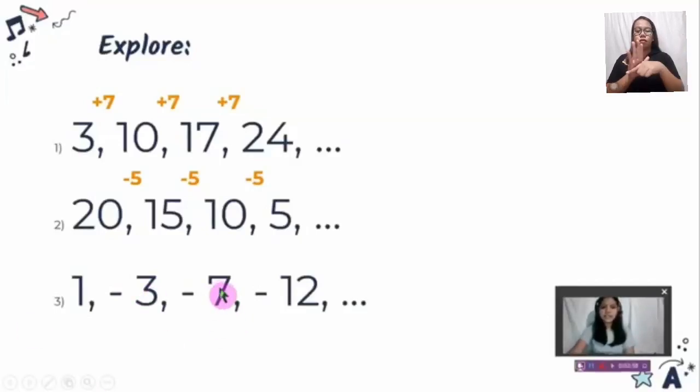So negative 7 minus negative 3, that would be negative 7 plus 3, that is negative 4. Lastly, negative 12 minus negative 7, that would be negative 12 plus 7. The answer is negative 4. So what can you say about the differences that we got on the three arithmetic sequences?